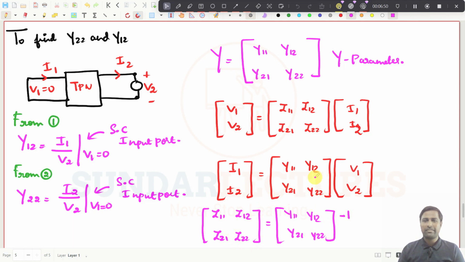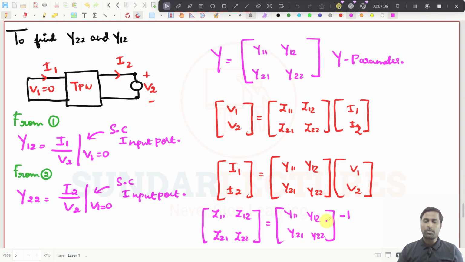Possible, right? If you bring this to the other side, then the inverse of this one is nothing but this expression, and if you bring this to the other side, then the inverse of this one is nothing but this expression. It is nothing but the inverse matrix.